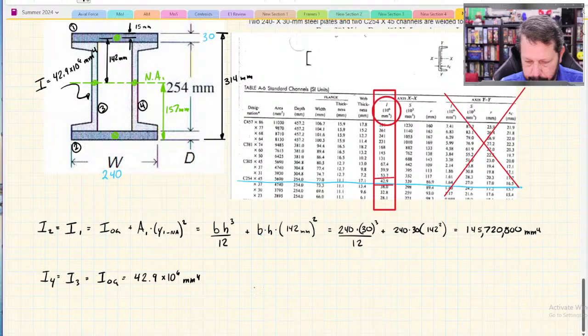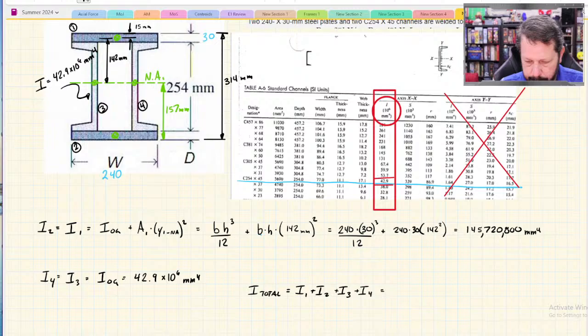So the total moment of inertia for this guy is equal to I1 plus I2 plus I3 plus I4. And that is, let's see, 145,720,800 times 2. There's 2 of those, that's the plates.